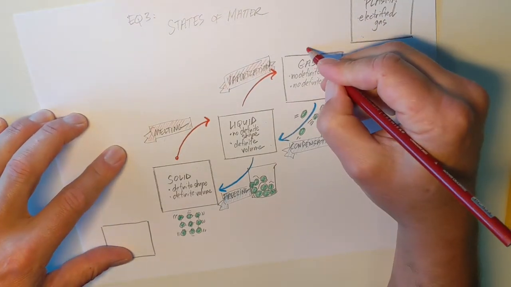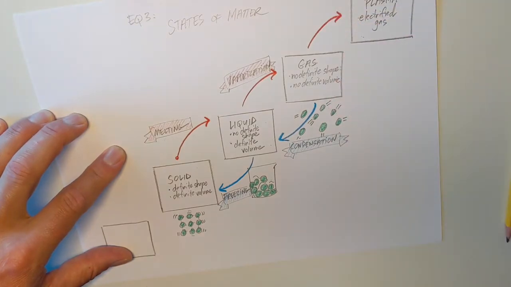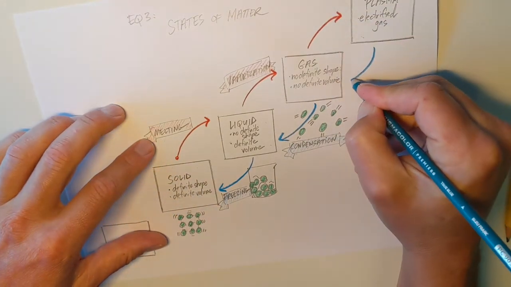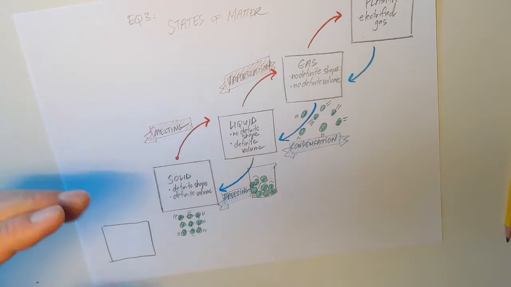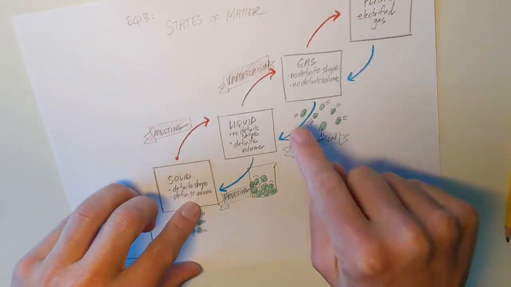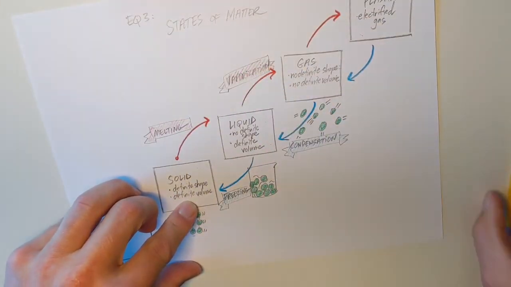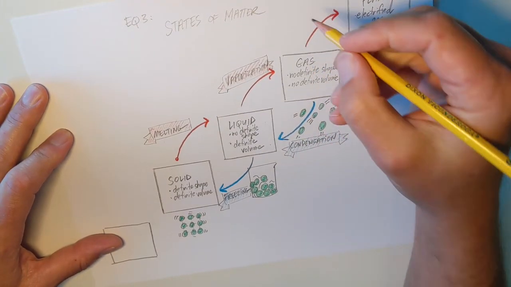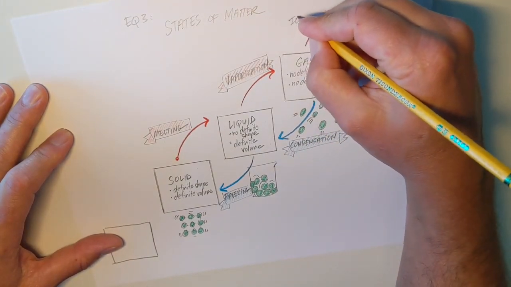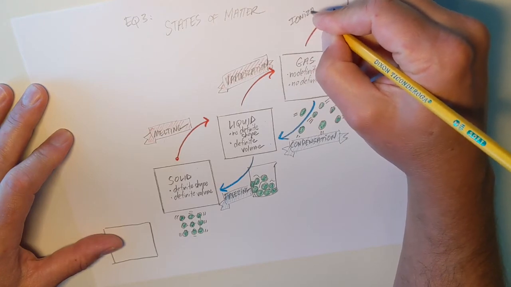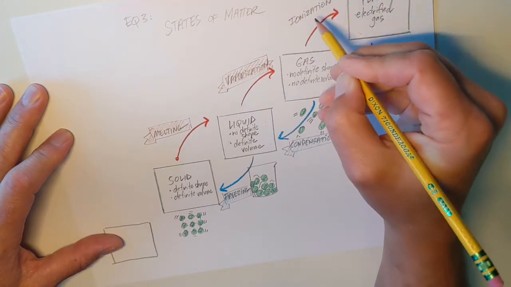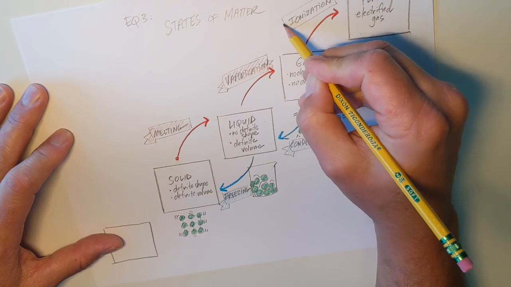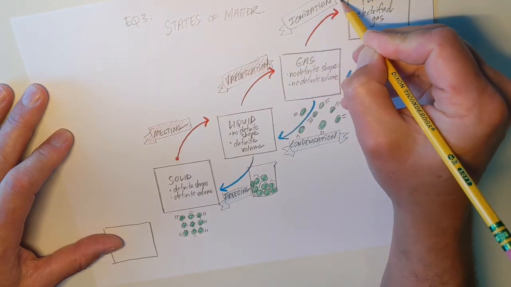And we can add that and that there. Those state changes. These are all the state changes here. Okay? And we have a name for this. When a gas turns to plasma, this is not a vocab word, but if you want to add it on there for you completionists who want to know, I'm sure you're out there.